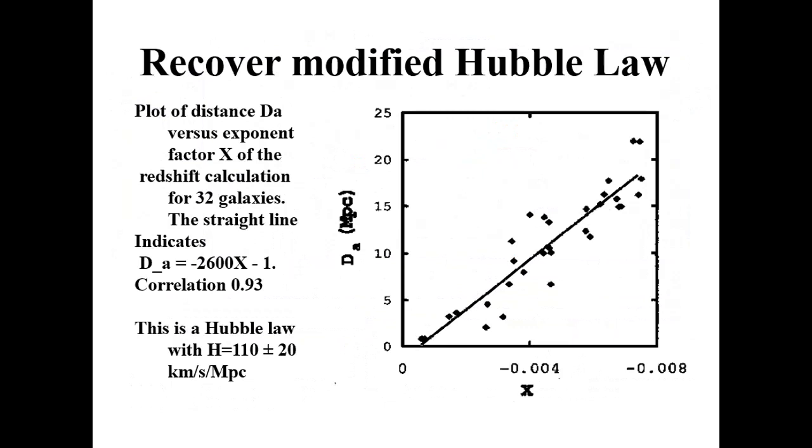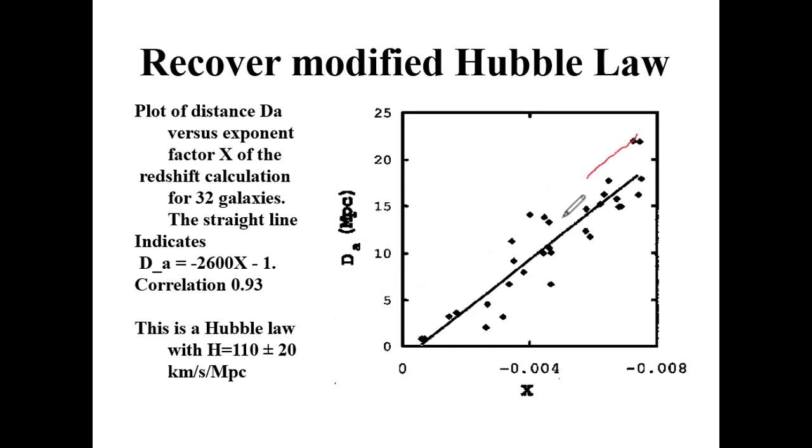However, if we take the X factor from the previous equation and plot it, there's their X factor, and there's the 32 galaxies, which have a distance calculated by Cepheid variables, not by redshift. And we end up with a line.